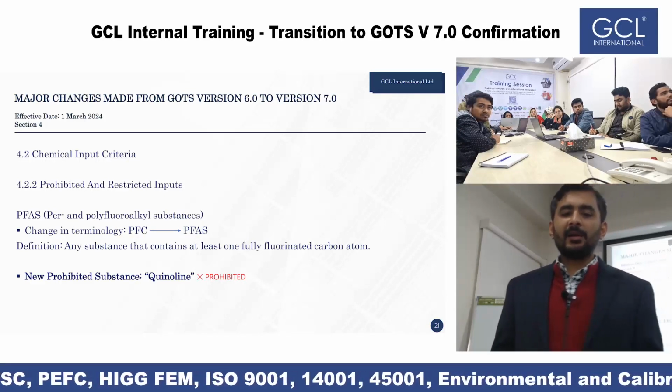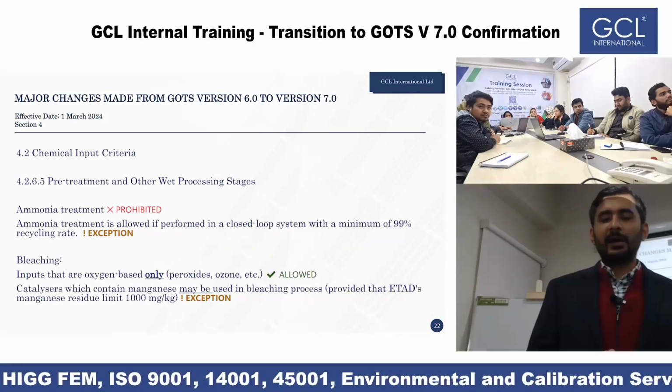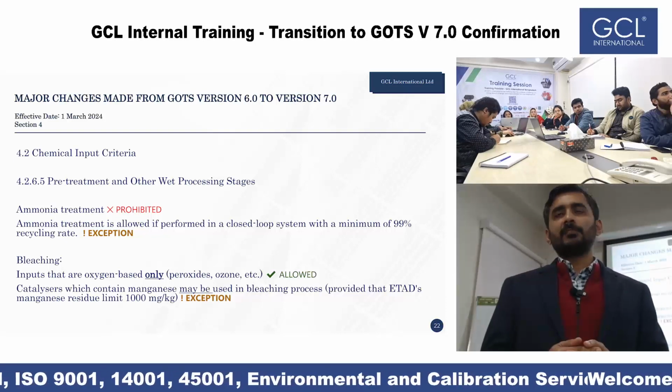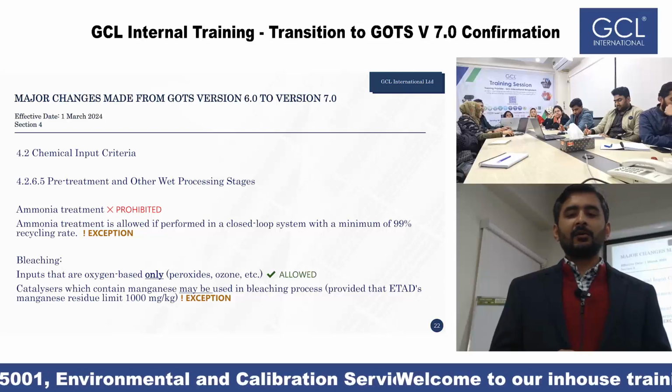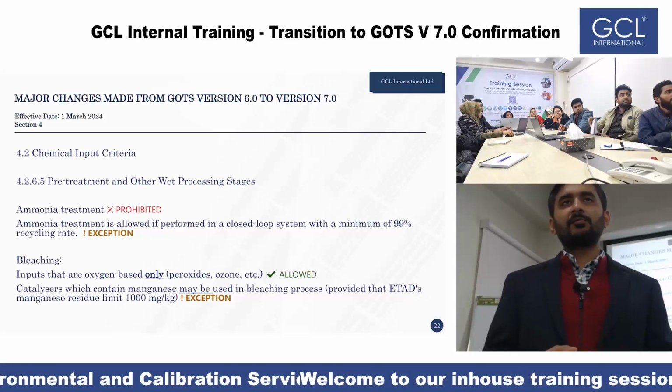So in chemical criteria, they have added or rearranged some requirements in GOTS version 7.0. In GOTS version 6.0, the ammonia treatment was prohibited.